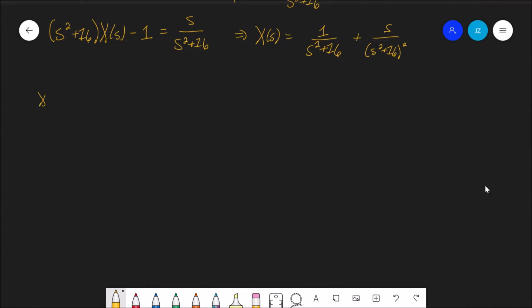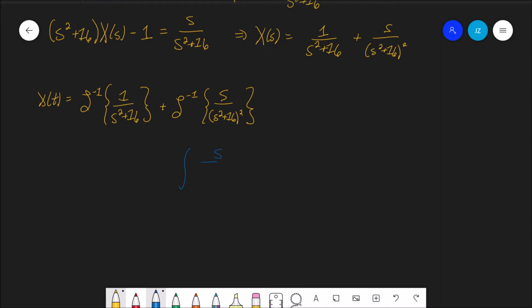So x(t) is the inverse transform of 1 over s squared plus 16, plus the inverse transform of s over the quantity s squared plus 16, squared. Now take note that if we integrate s over the quantity s squared plus 16, squared with respect to s, we wind up with negative a half (s squared plus 16)^(-1).